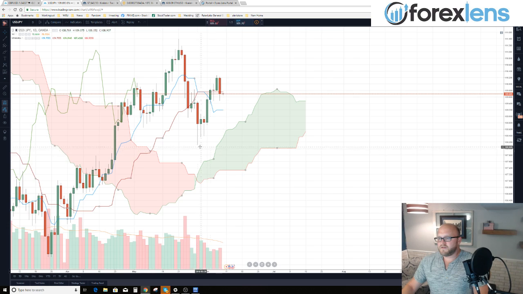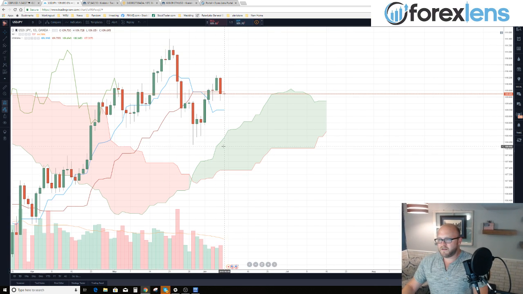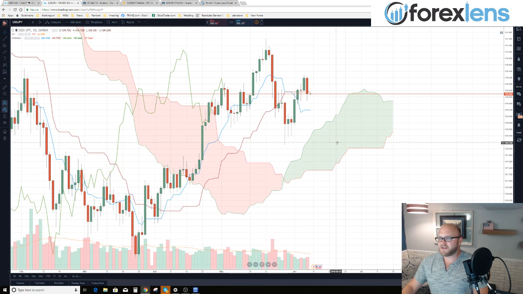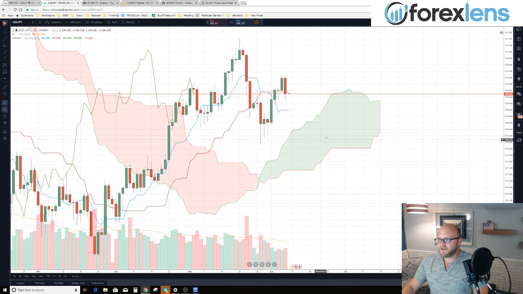So the components again: we see the cloud, which is called the Kumo, or just the cloud. The cloud is fairly easy to understand as soon as we identify what these other lines are. We see these two first averages.